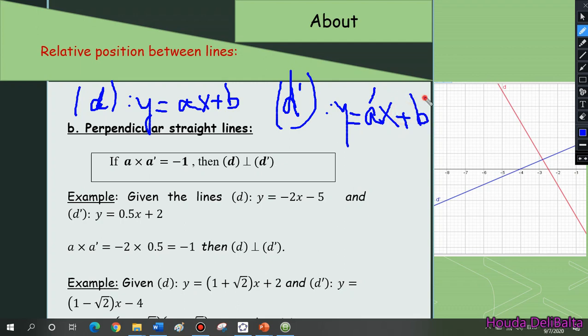So a and a prime represent the slopes of the lines D and D prime respectively. So if a times a prime is equal to -1, then these lines are perpendicular.